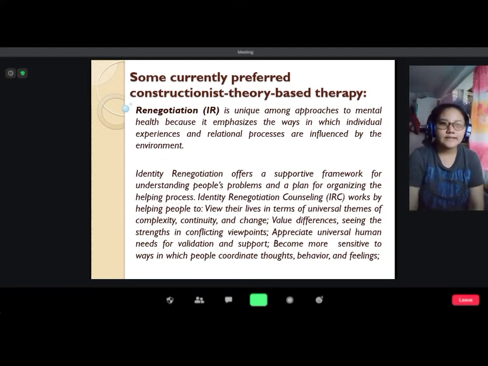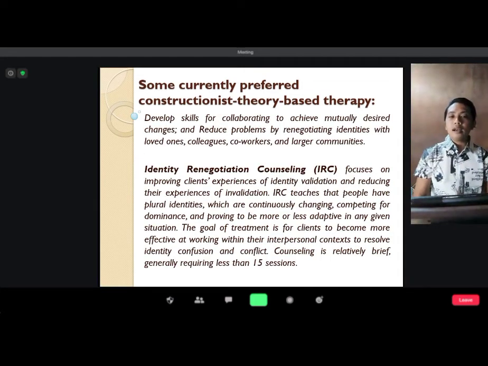Using identity renegotiation, people are more comfortable with the process of creating meaningful relationships in a variety of formats, including video, phone, and emails. Identity renegotiation counseling focuses on improving the client's experiences of identity validation and reducing the experiences of invalidation.